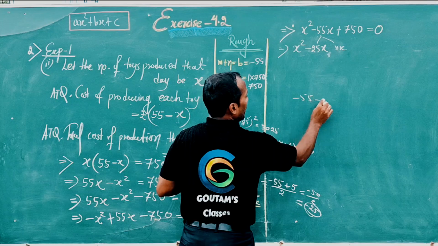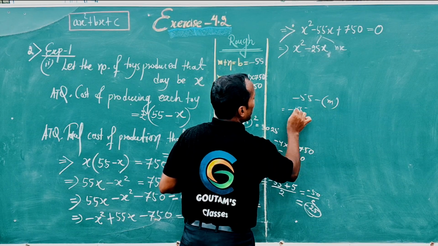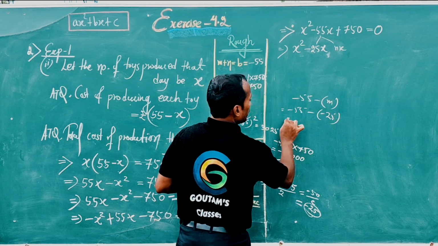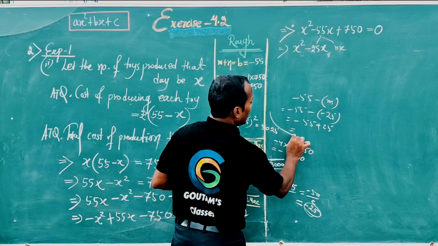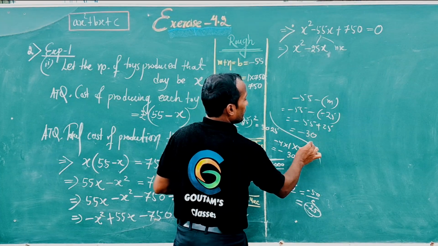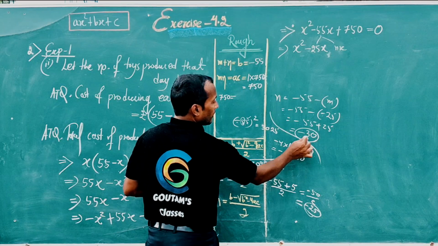Minus 55 minus m means minus 55 minus of m. M is minus 25. So you get minus 55 minus of minus is plus 25. So you get minus 55 plus 25 is minus 30. So value of n is minus 30.